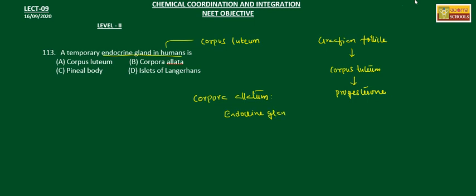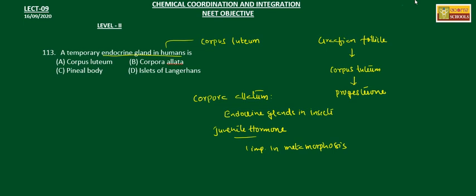It produces a hormone called juvenile hormone, and this juvenile hormone plays an important role in metamorphosis.